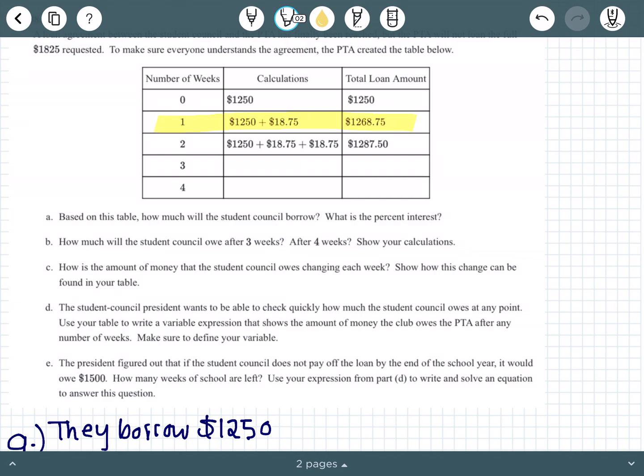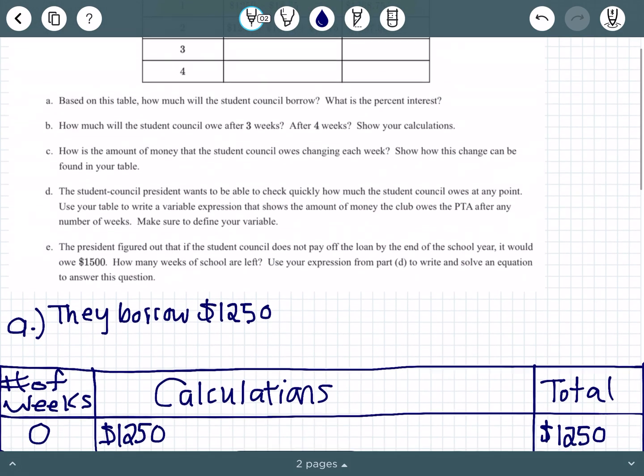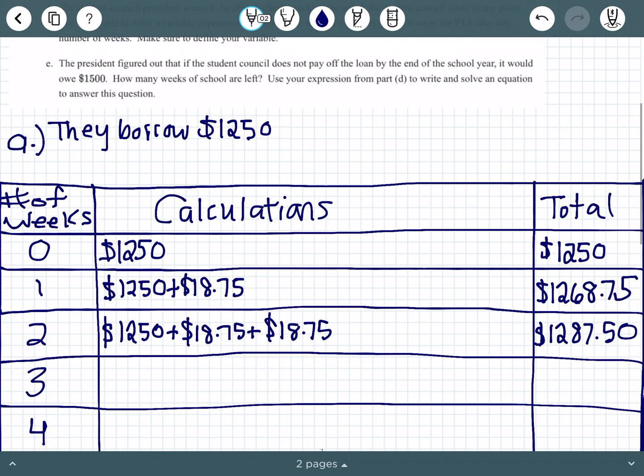To work backwards through this, I'm going to take the amount that's owed after 1 week, which is $1,268.75, and subtract what was owed after 0 weeks, which was $1,250.